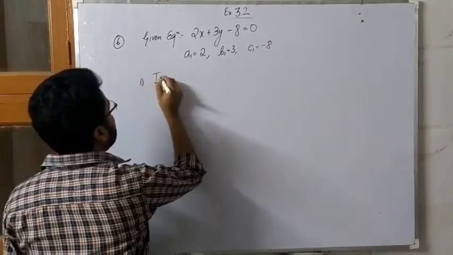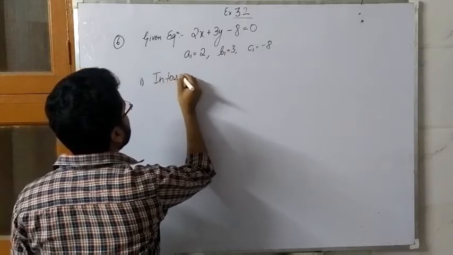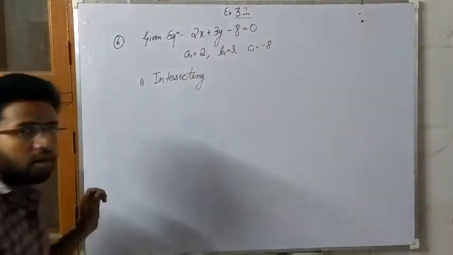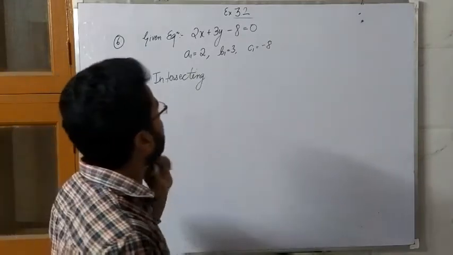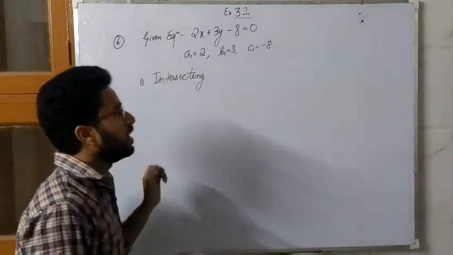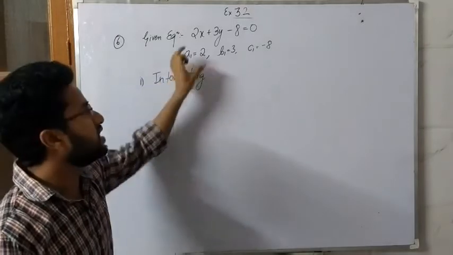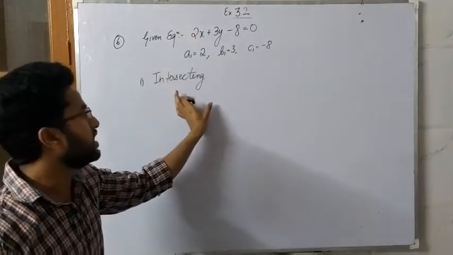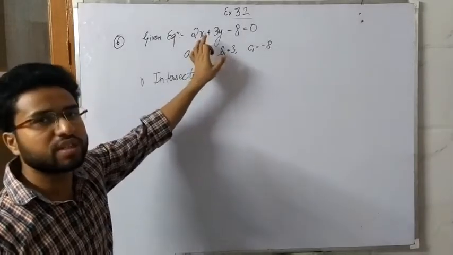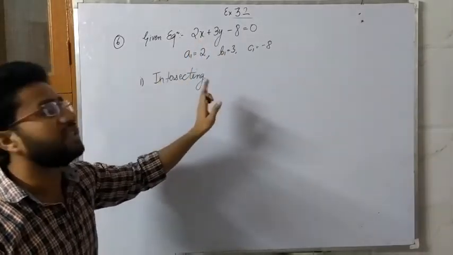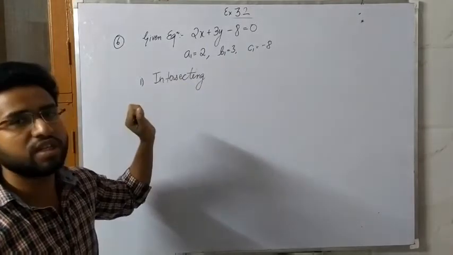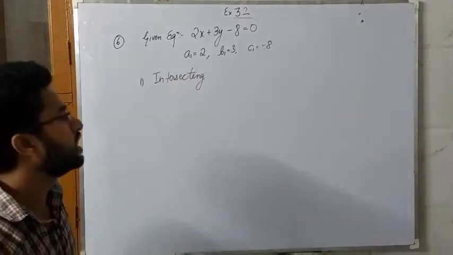First part, the lines should be intersecting, right? Now, just listen to this very carefully. This is only one equation, you have to give the second equation such that the graphs of this equation and that equation intersect, meaning the pair of linear equations should be intersecting, right?